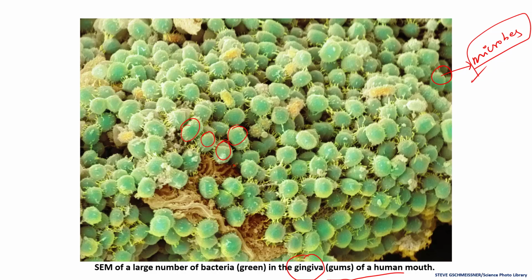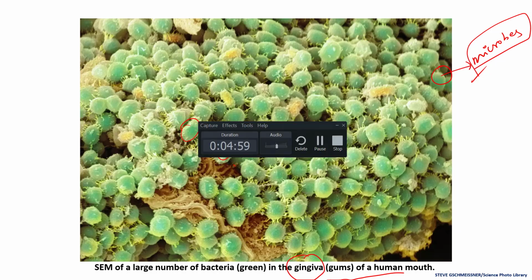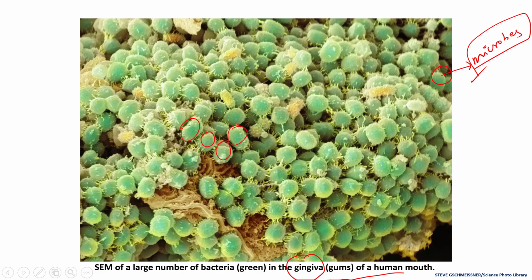There are two main reasons we need probiotics in the food, or we need bacteria. What is the function of the intestine? Digestion. Yes. So the microbiota present in the gut or intestine helps in digestion.